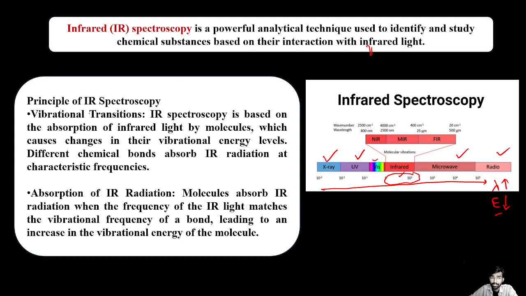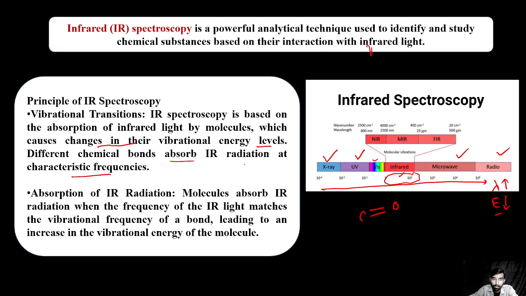So it depends on the vibration of the molecule, right? It is based on the absorption of infrared light by a molecule, which causes a change in its vibrational energy level. Different chemical bonds absorb IR radiation at characteristic frequencies. So there is some bond like C=O. This bond has some polarity, and because of that polarity, the bond will vibrate. Whenever you give that infrared frequency, it can absorb and show the peak.